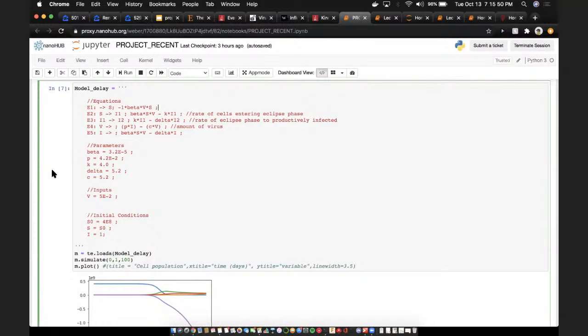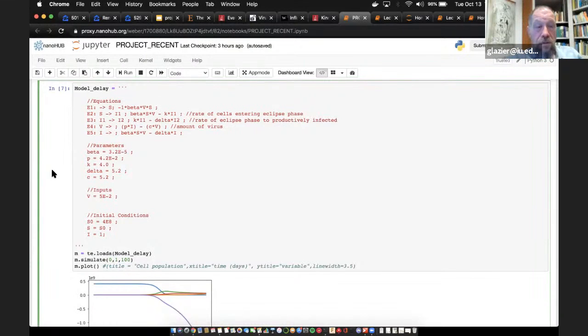If you have an arrow that goes S goes to nothing, which is a death process, then you expect to see the variable S in the rate equation raised to just the 1 power, S times constant.